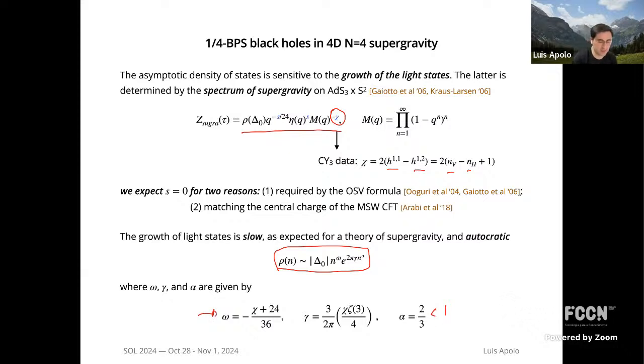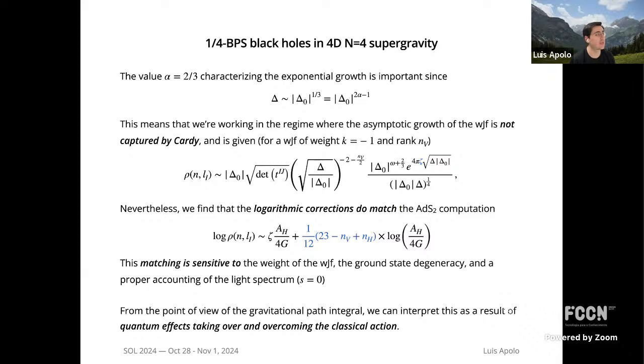Now, why is this case the more interesting one? I think it is because, besides the subtleties in trying to get this result, when alpha equals 2/3, the relationship between delta and delta naught is this one, which is the marginal case where a gravitational interpretation of the weak Jacobi form may still be possible.